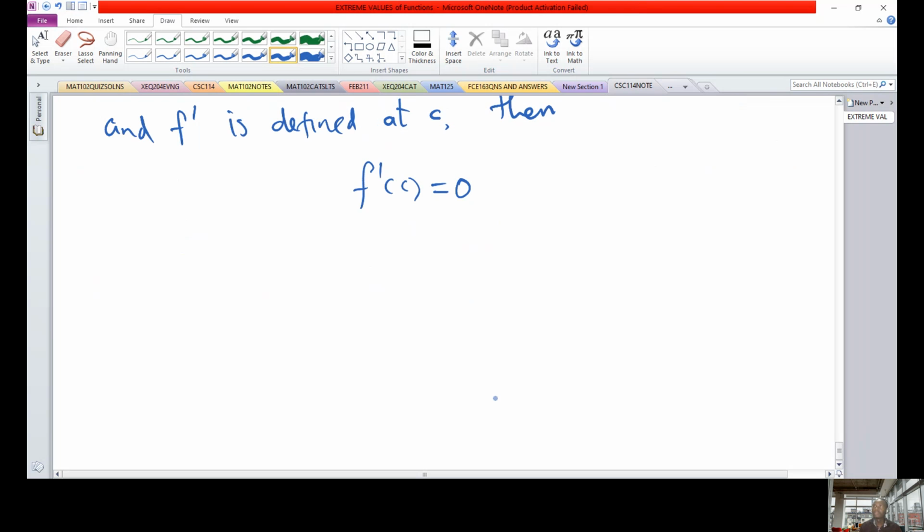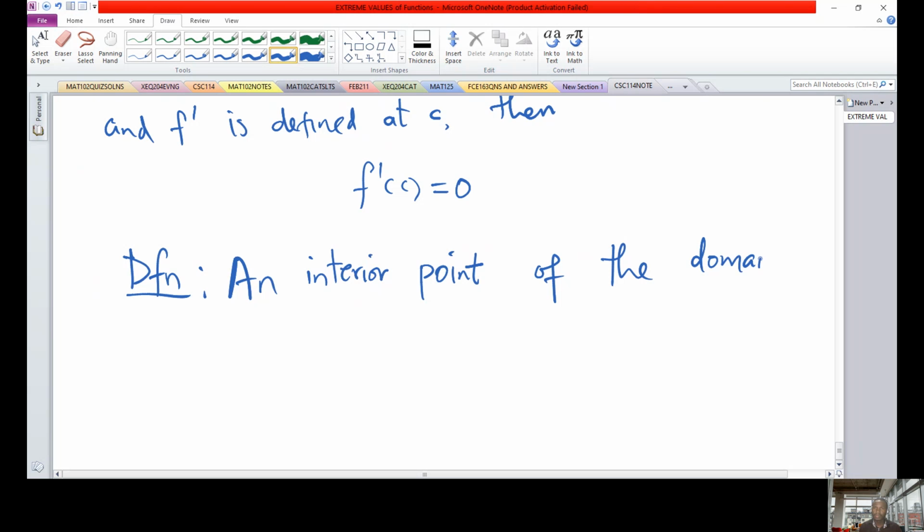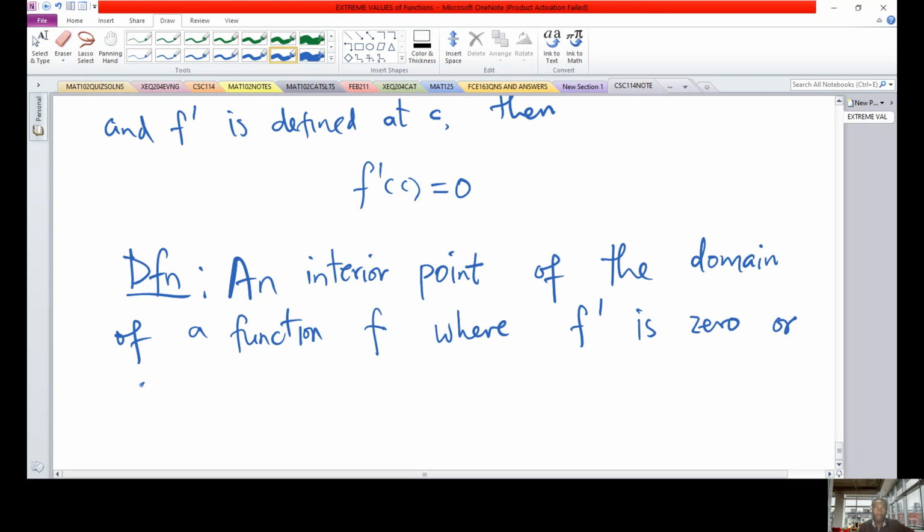And then let's define what we mean by critical point. An interior point of the domain of a function f where f prime is 0 or undefined is called a critical point of f.